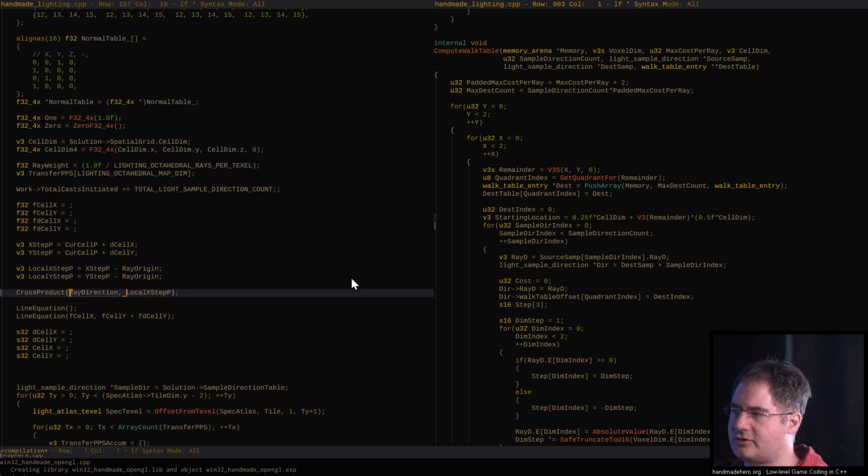So if you just took the cross product between the two of them, then you know that the length of the cross product between them is going to be equal to the length of the ray direction, which is 1, times the length of the local x step P, whatever this is, right, times the sine of the angle between those two.